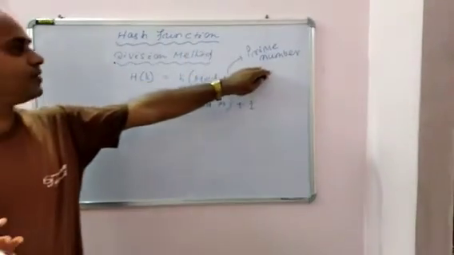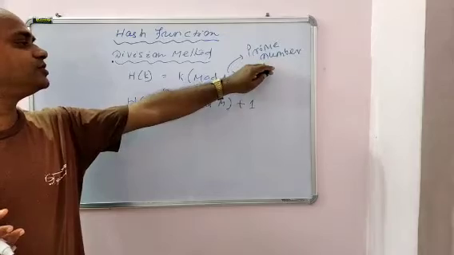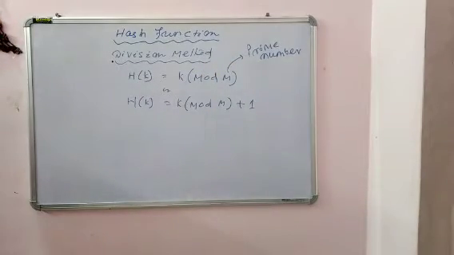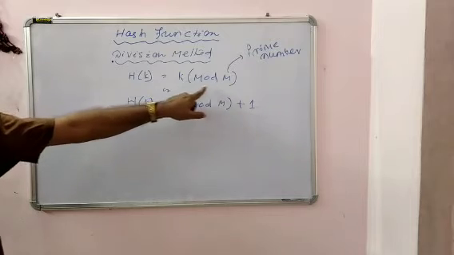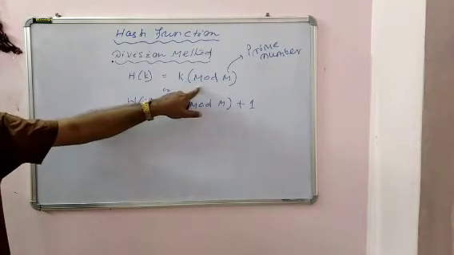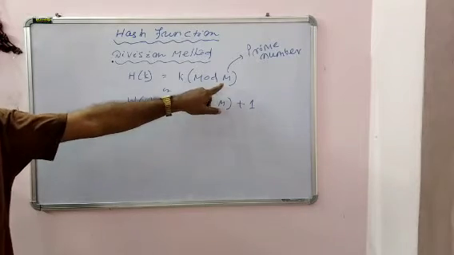So k mod m indicates the remainder when k is divided by m. This provides the remainder part, just the modulus operator.